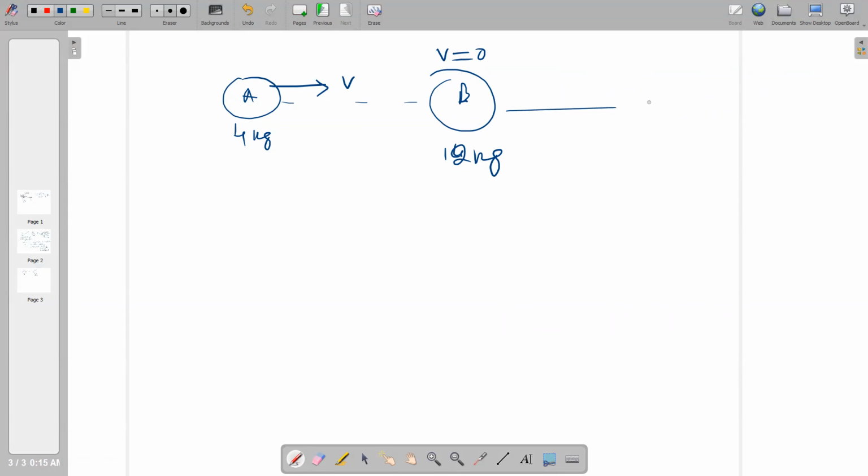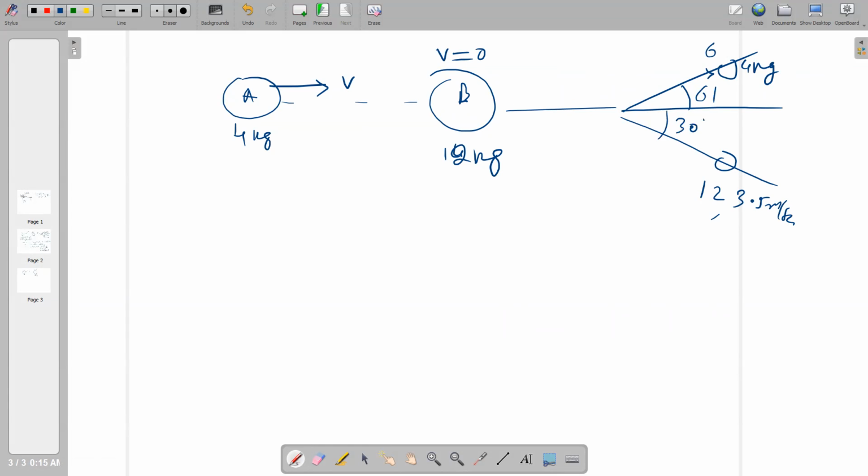And after colliding, one body is here, the other body is here. And this is their original line of motion, but this is deflecting. So this velocity is 6 and this is 4 kg and this is 12 and this is 3.5 meter per second. So we have found this value 61 and this is already given 30 degree. So we make the components like this one. Now we make the components in this way.